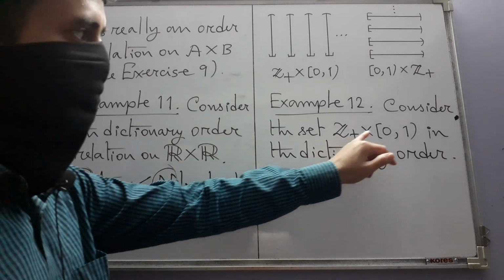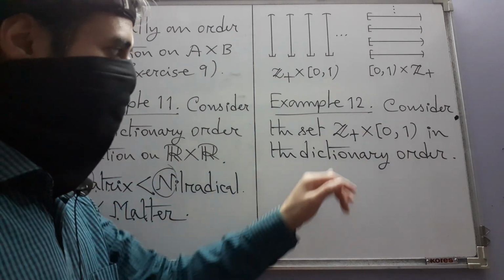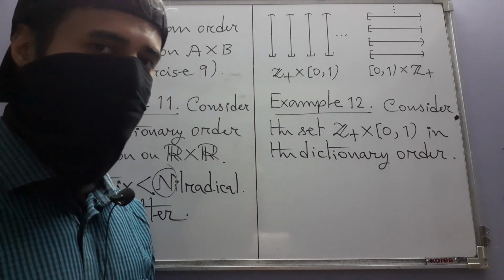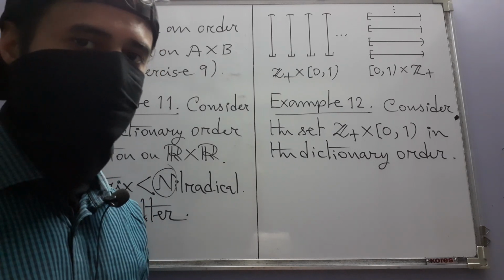What are the orders on these individual sets? These are the usual orders that these sets get from the system of real numbers, the usual less than relation.